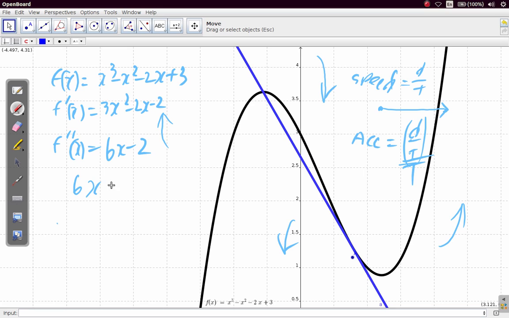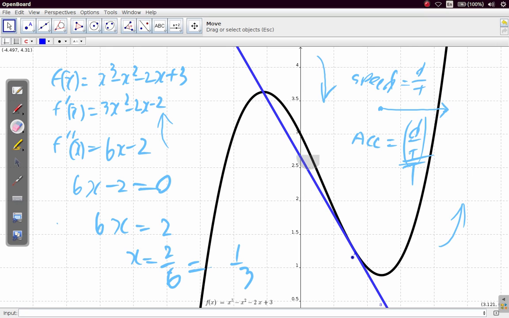This is 6x minus 2 equals 0. Equate this to 0, and then you find out what value of x this occurs. So 6x minus 2 equals 0, 6x equals 2, x equals 2 over 6, x equals 1/3. So when x is 1/3, that is the point where the swinging stops.